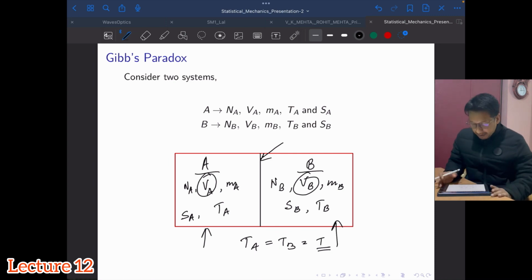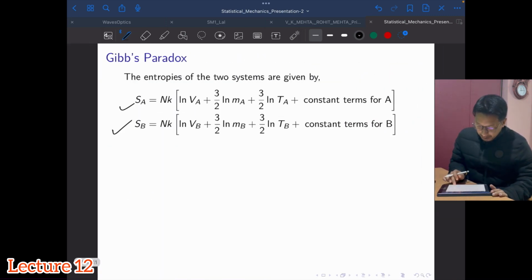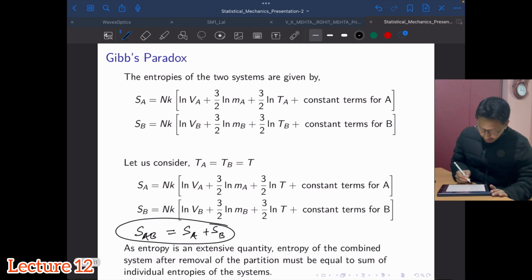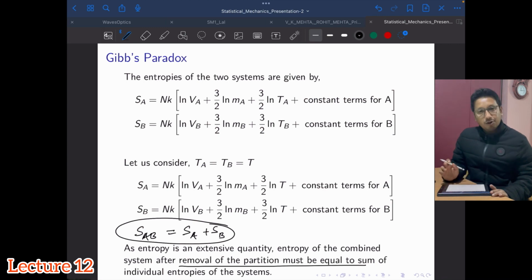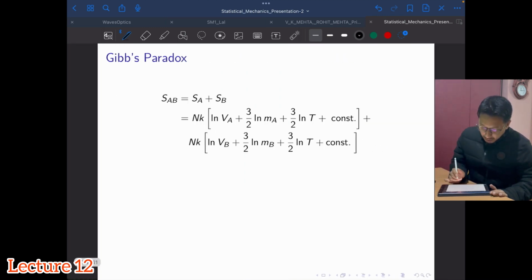Let's see what happens to the entropy of the combined system. If we remove the partition, it must be equal to the sum of the individual entropies of the systems. So if I substitute back the expressions for the entropies of the individual systems, I am left with this.